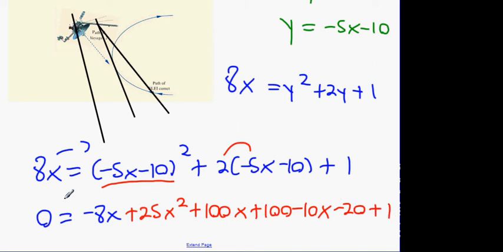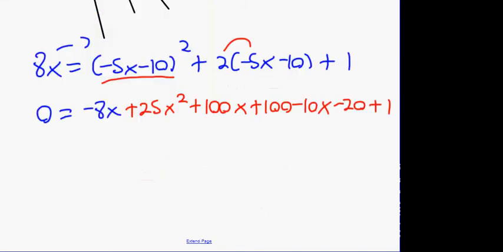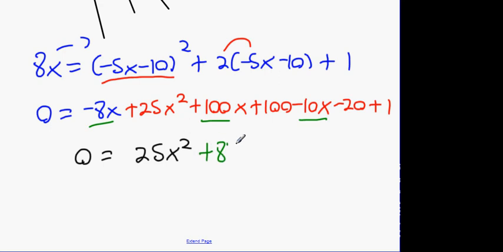Now let's see what happens. We're going to get 0 equals 25x squared. We have 100x minus 10x and 8x. That is going to be plus 82x. We're going to have 100 minus 20, which is 80. 80 plus 1 is 81. Now looking at this, I'd have no clue of any factors that would work.